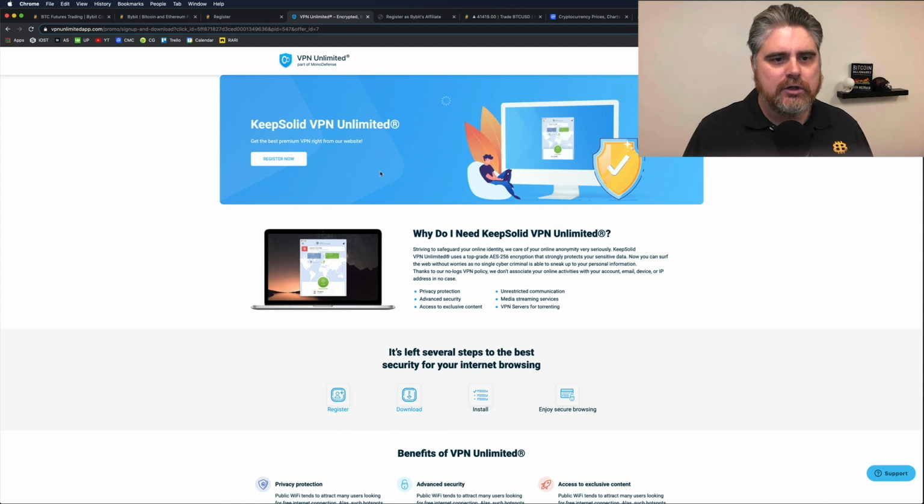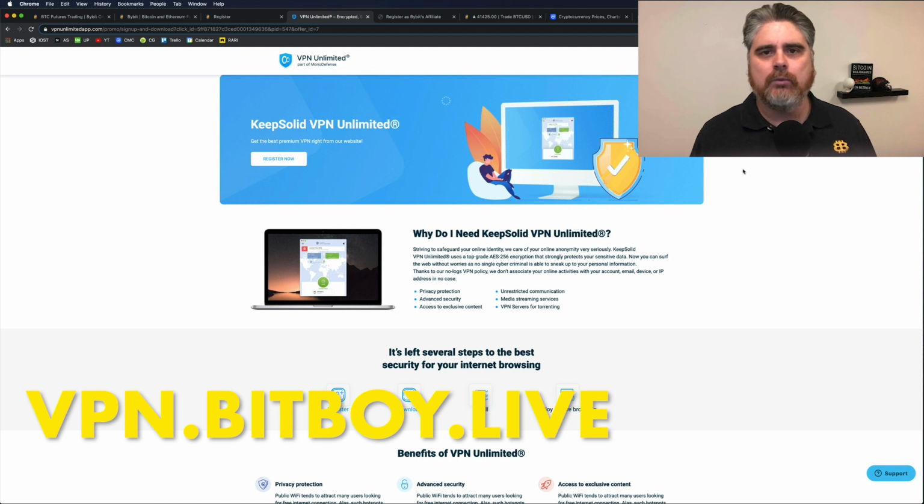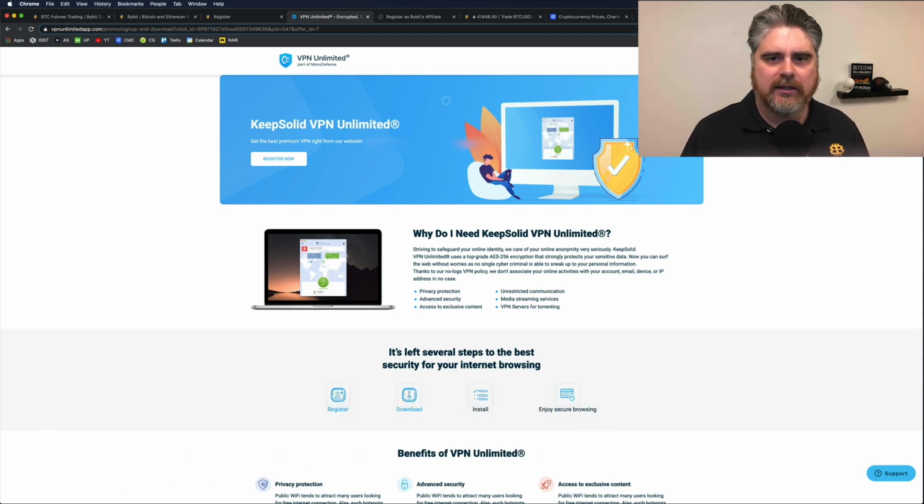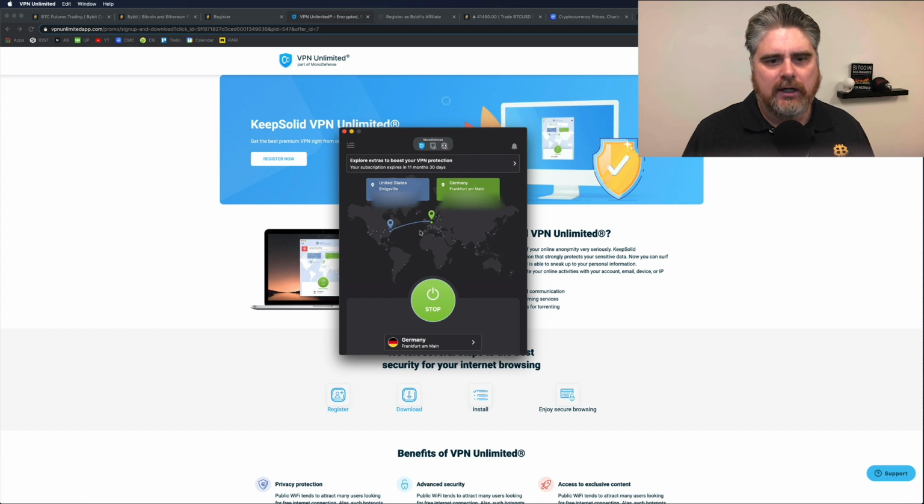So to use the VPN, after you sign up for it, visit vpn.bitboy.live to go ahead and get to this page. But then all you got to do is you just click on the icon at the top, Show VPN Unlimited, and you guys can see right here, it's showing my IP address as Amigsville. I have no idea what that is.